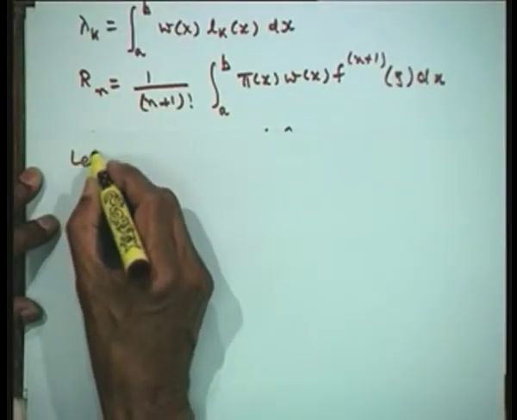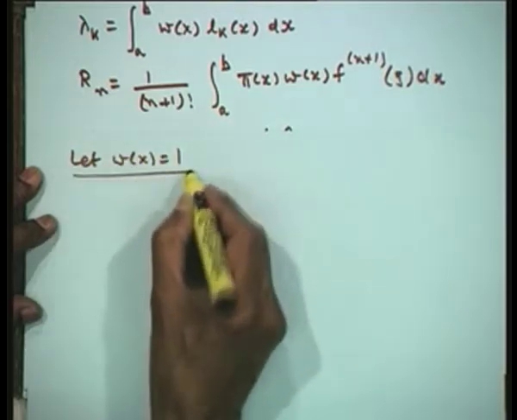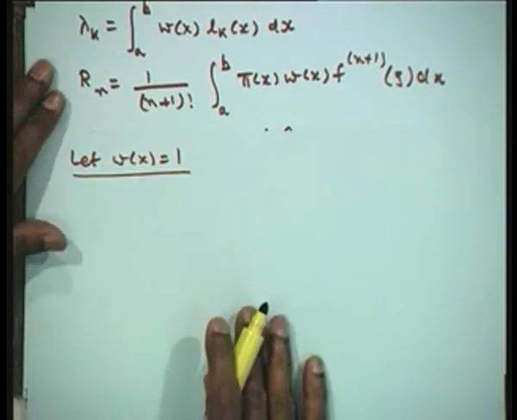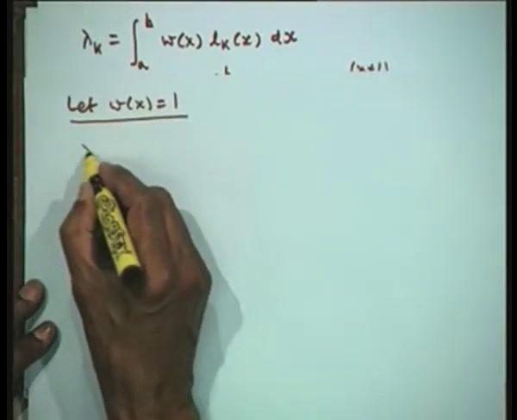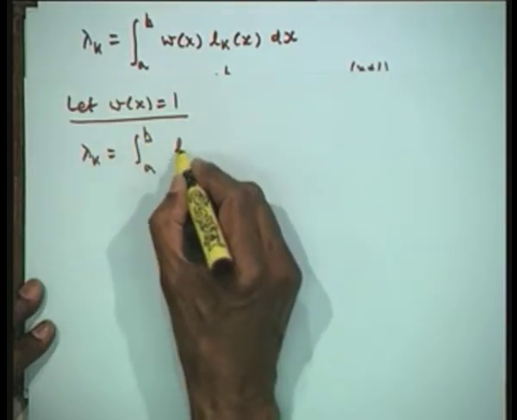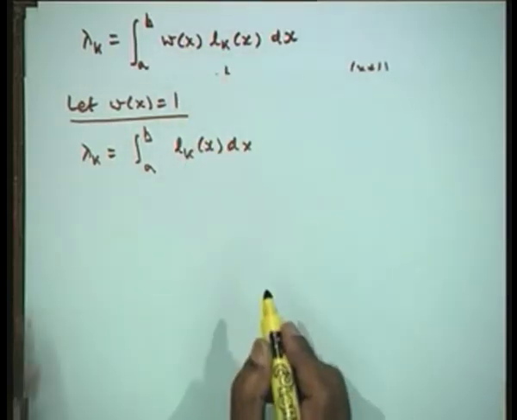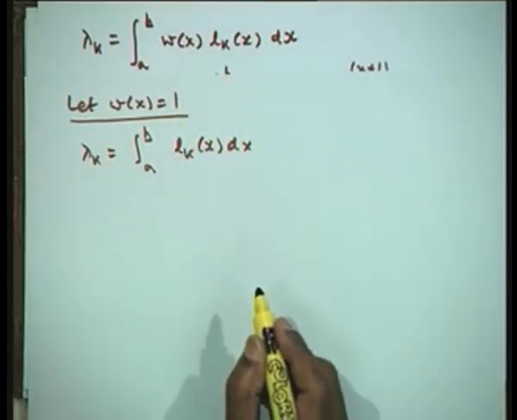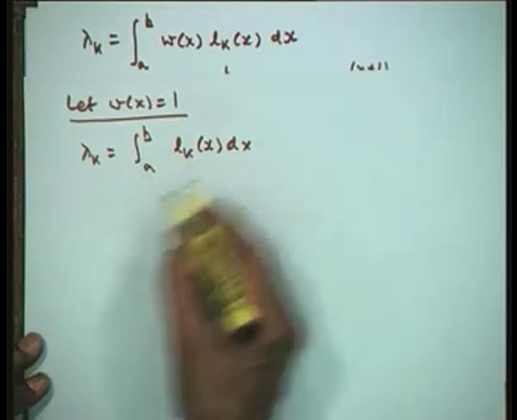So, let us take w x is equal to 1, that is, the weight function is equal to 1. Then our lambda k would be simply integral a to b L k x dx. So, w x is equal to 1, it is simply the integral of the Lagrange fundamental polynomials, that is L k x, and let us open it up.